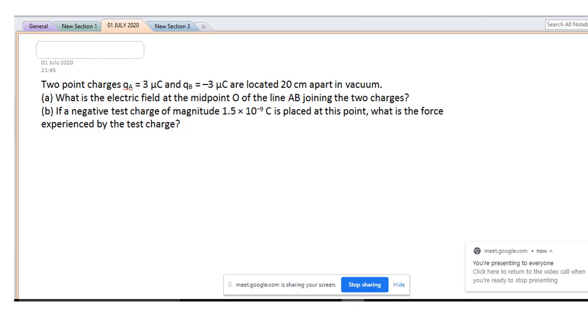This question is again from NCERT. This is the diagram.